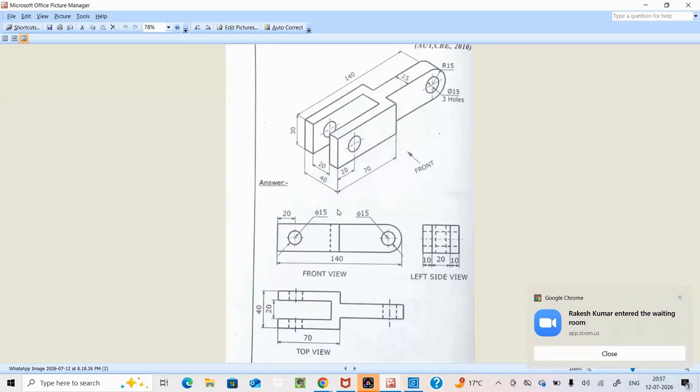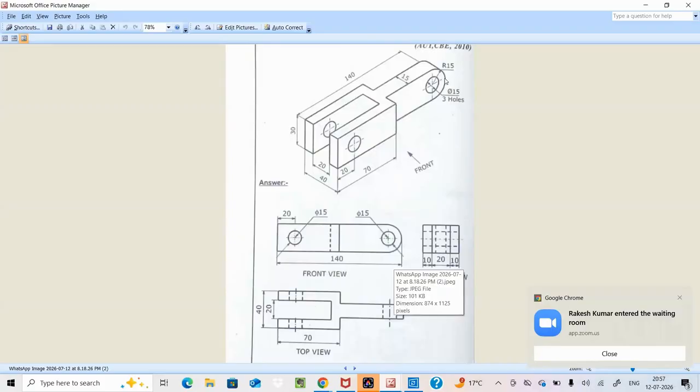If you just see this particular drawing, you can just imagine and draw. If you see here, all these are hidden lines. In the left side view, only this box is visible, the remaining are all hidden lines. So for that reason, we have shown it like this. And here also, the total dimension, 140 mm distance, is given, so we need to take 140 mm distance.